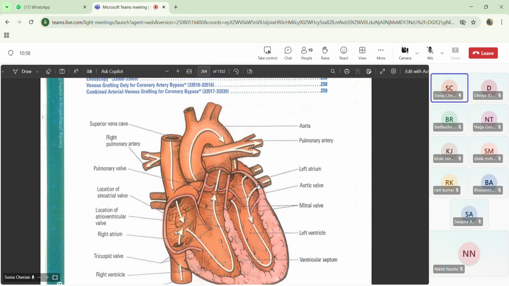Why? Because these play a major role in heart disorders. So as I told you, a heart attack is nothing but the coronary artery getting blocked and the oxygen getting cut off.